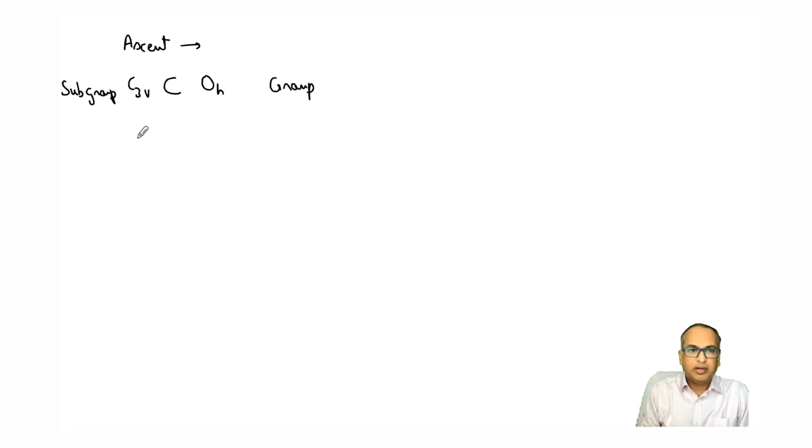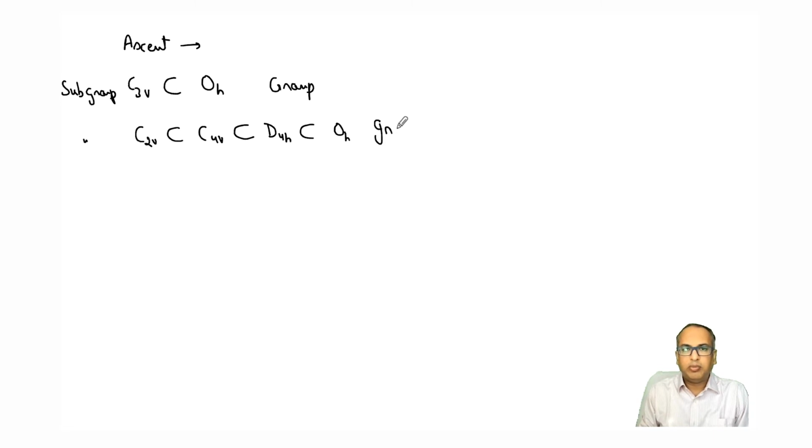Similarly, the second one: you start with C2v. C2v is a subgroup of C4v. We have seen that in that example. C4v is a subgroup or subset of D4h followed by Oh. And now this side is the group, this side is the subgroup. So left side is subgroup, right side is group, and all these are related, right?